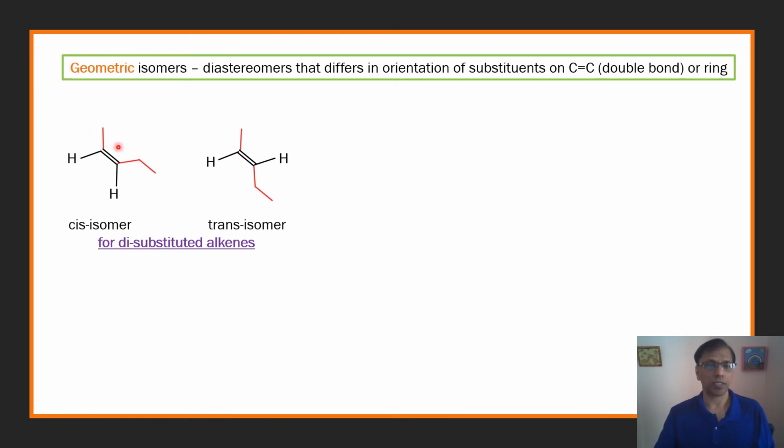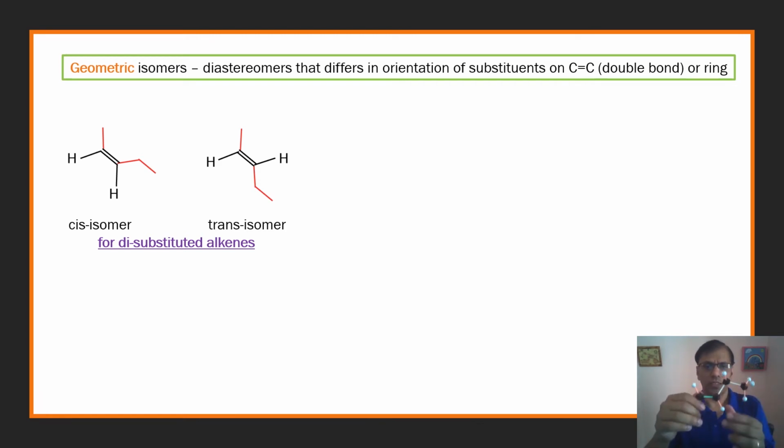You can see this is the methyl group and this is the ethyl group, and the two hydrogens are on the same side. So in case of trans isomer, you have the two hydrogens on opposite sides, and this nomenclature is used for di-substituted alkenes which bear hydrogen atoms on each of the carbon atoms carrying the double bond.